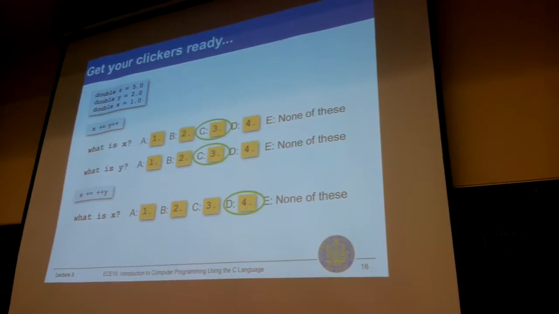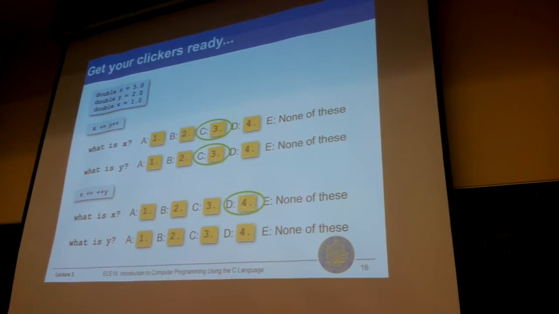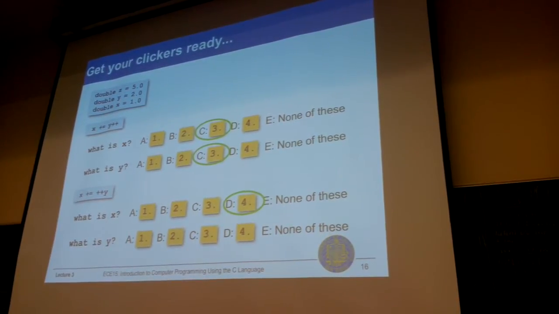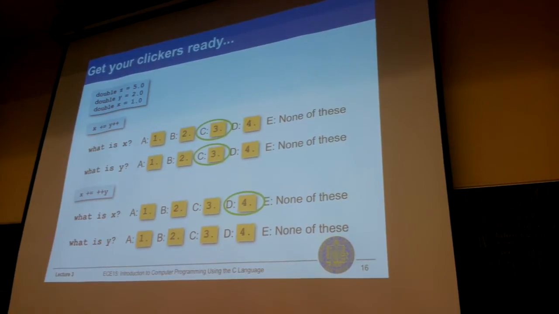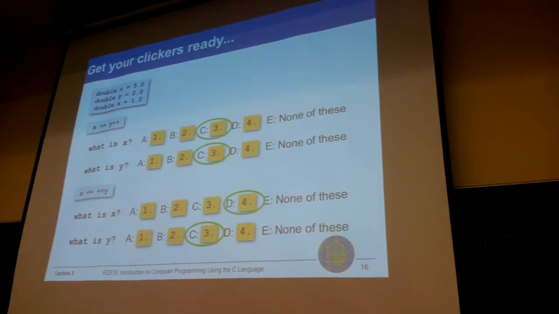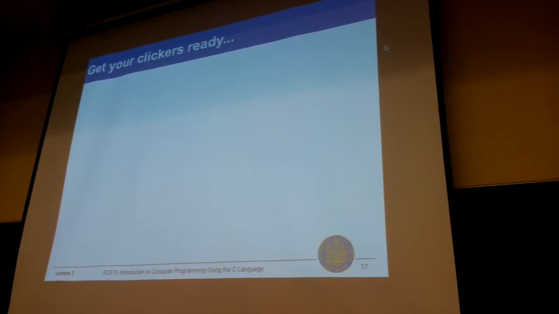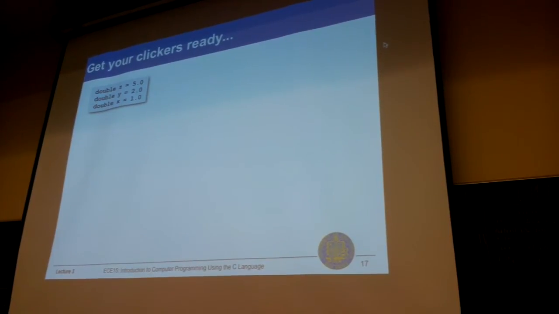So let's move on to another question here. Okay, great. I see most of you are seeing that we're going to get the same value for y. Again, it gets incremented. Let's look at a couple more examples. So z, y and x are getting assigned, again, the same values.